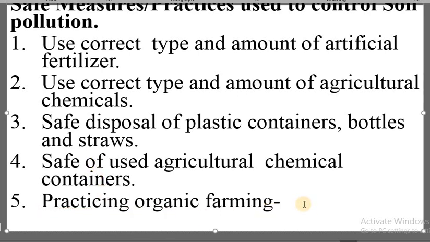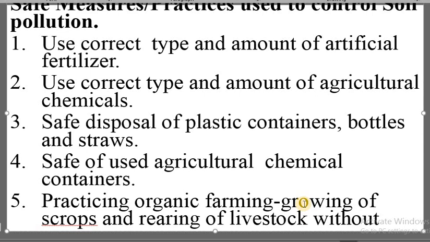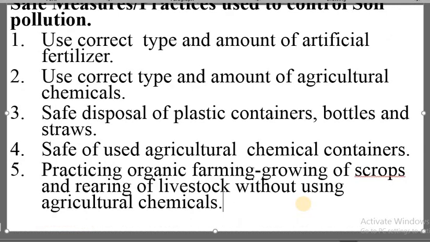This is farming without use of chemicals, especially growing of crops and rearing of livestock without using agricultural chemicals. So organic farming is the farming that does not involve any use of chemicals.